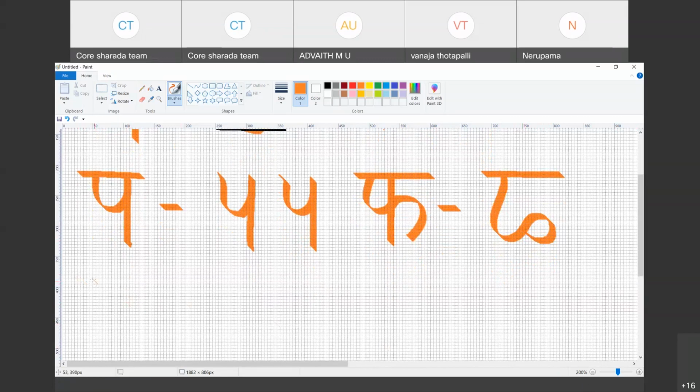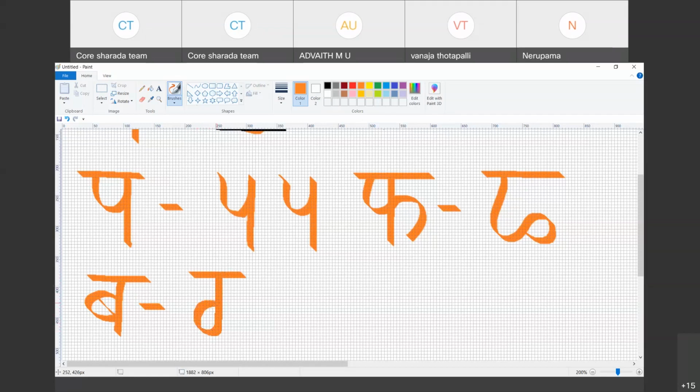Then next to it we have ba. From the middle, one vertical stroke.